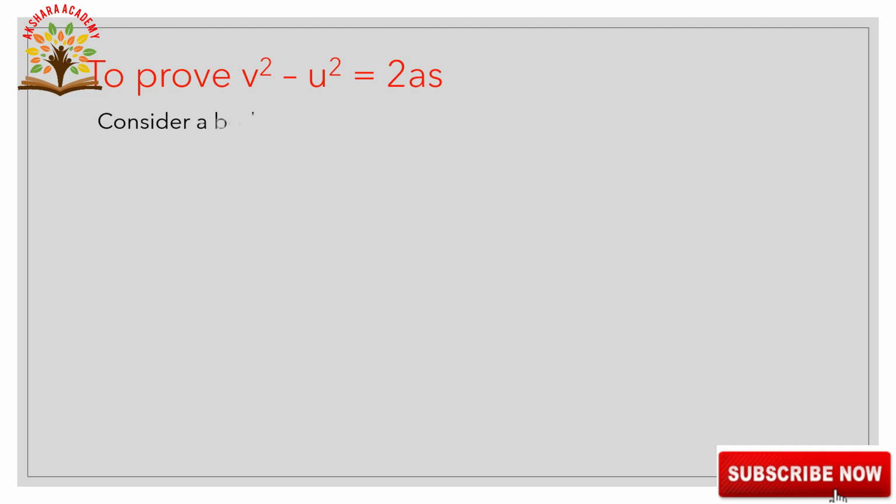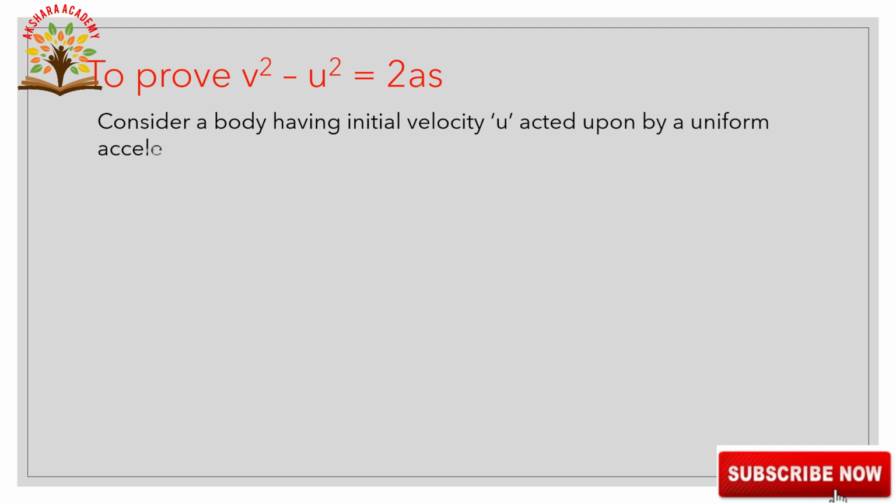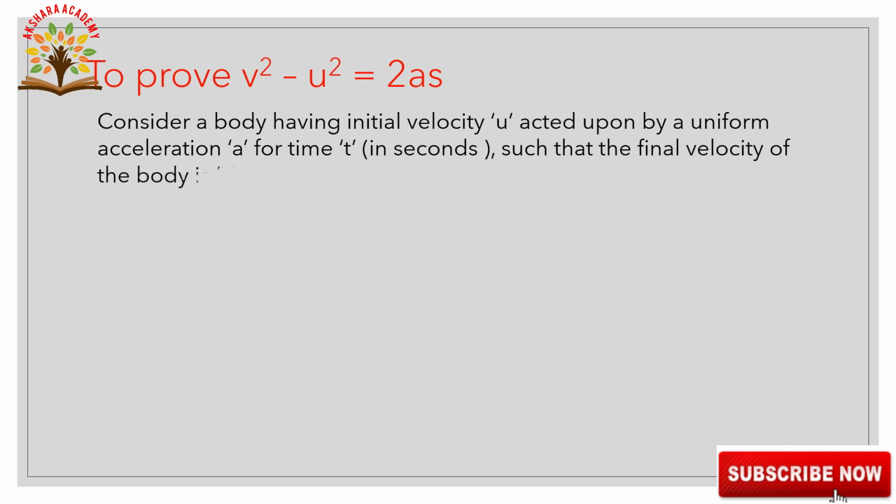Consider a body having an initial velocity u moving with a uniform acceleration a for time t, which is in seconds, such that the final velocity of the body is v and distance covered is s, that is s is equal to ut plus half at square.